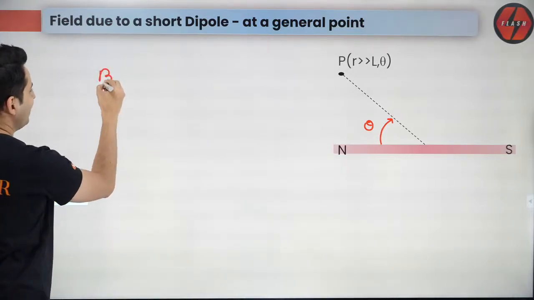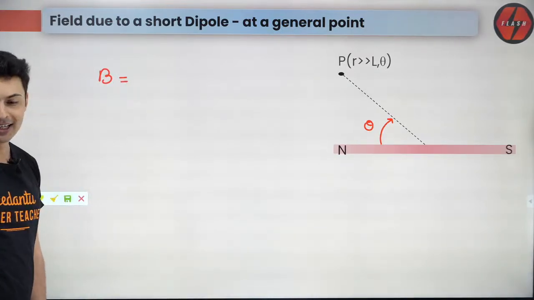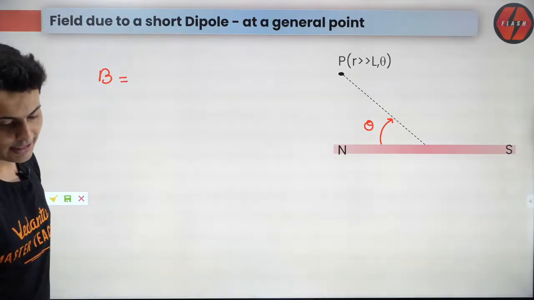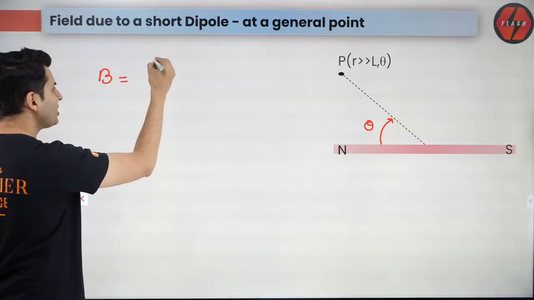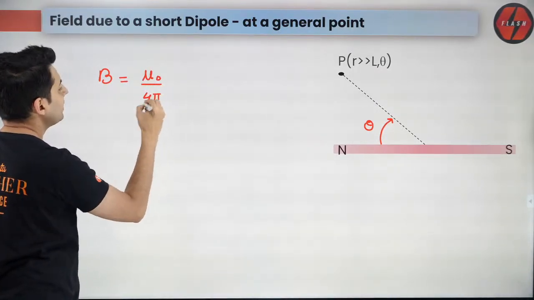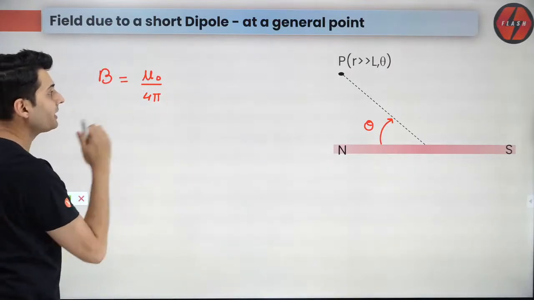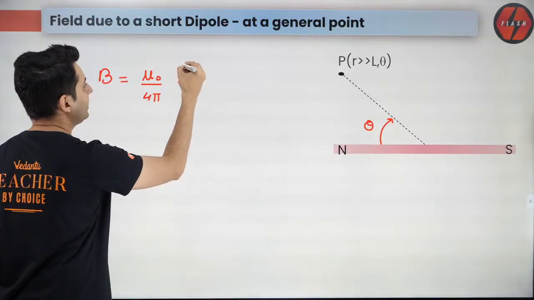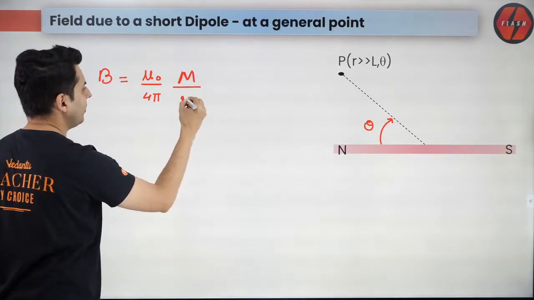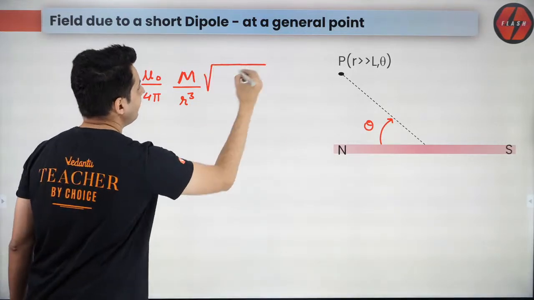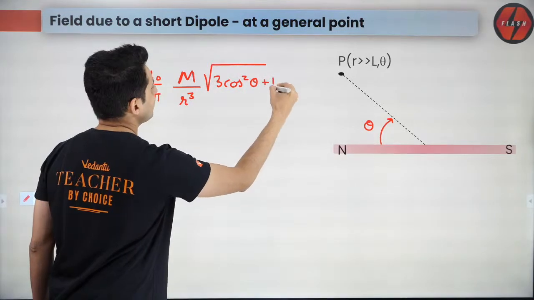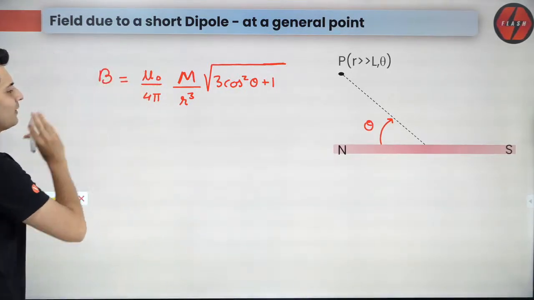What is the magnetic field at any point? Come on, try and recollect. Let's see how many of you remember this from electric field lecture. Come on, guys. It's very similar. Instead of 1 upon 4 pi epsilon naught, you will have mu naught by 4 pi. Instead of electric dipole moment, you will have magnetic dipole moment, guys. That's it. You'll have magnetic dipole moment, and you will also have r cube over here, and you will have 3 cos square theta plus 1. That's it. That's the formula.